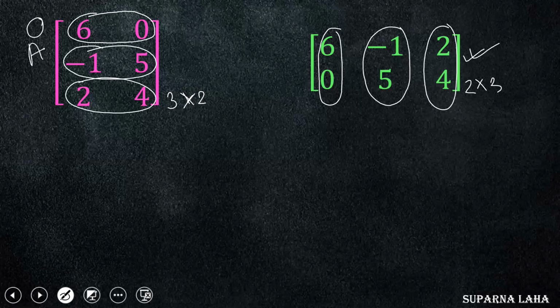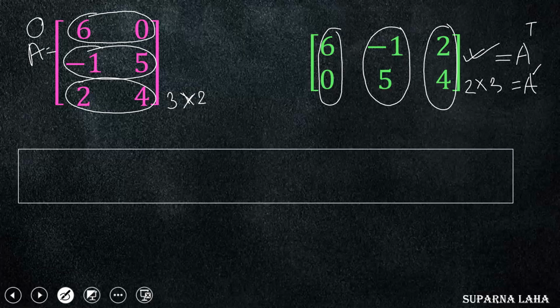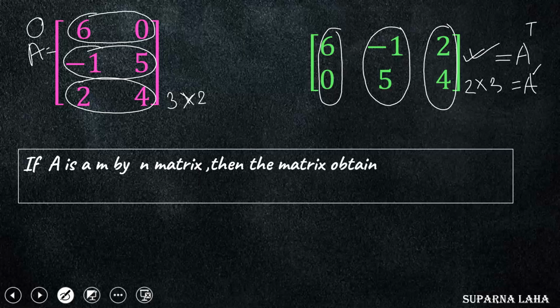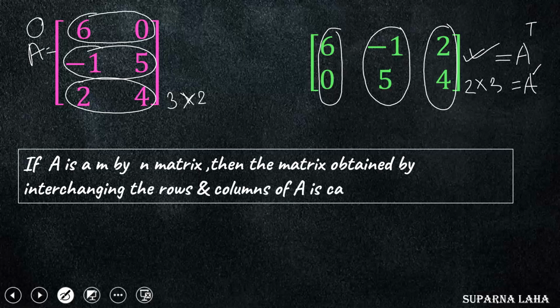If we take the first one as A, then this is its transpose, and we represent it by A T or A dash; you can write either. So the actual definition is: if A is an M by N matrix, not necessarily rectangular or square, any matrix you can take, then the matrix obtained by interchanging the rows and the columns of A is called the transpose of the matrix A, and the notation is A T or A dash.